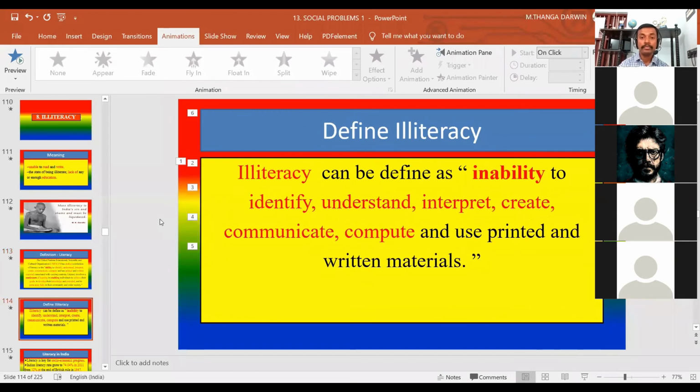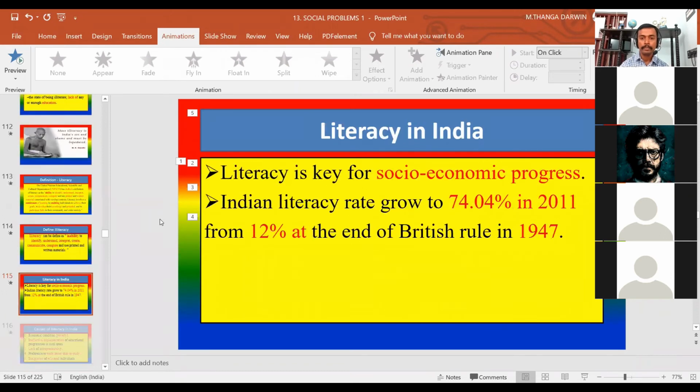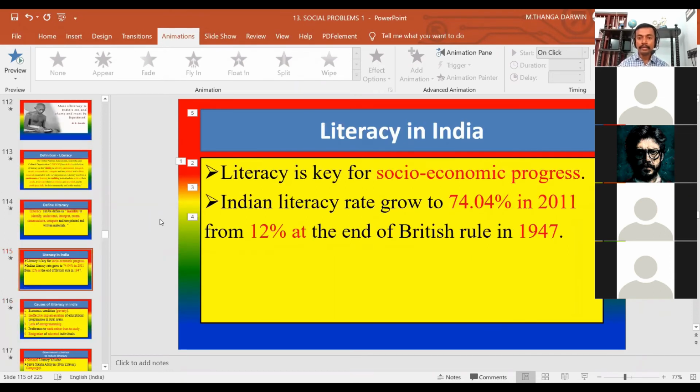So what do we think about illiteracy? Illiteracy is just the opposite: the inability to identify, understand, interpret, create, communicate, and compute using printed and written materials. Literacy in India.